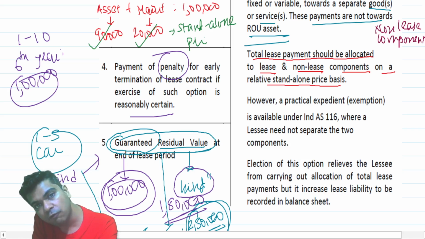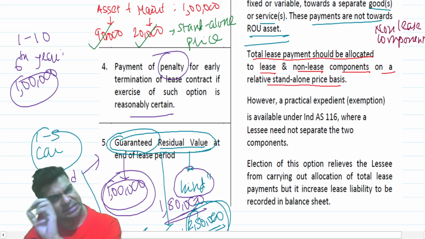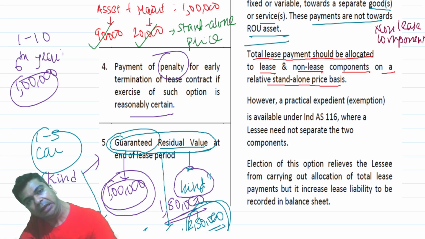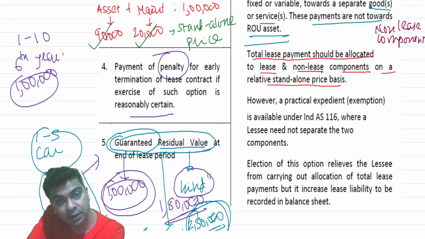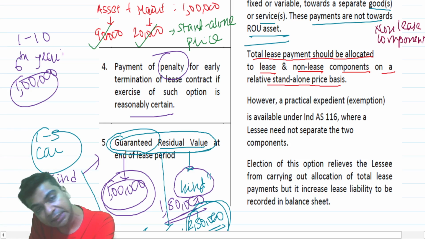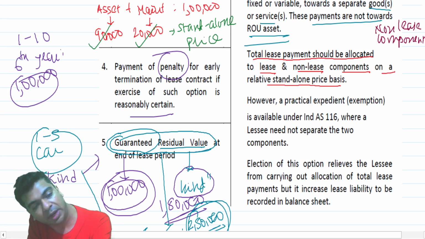If I don't go for a package deal, if I exclusively go for the asset, then my lease rent will be 90,000. If I exclusively go for maintenance, then the charges will be 20,000. So I get an idea that 90,000 and 20,000 are the stand-alone prices.